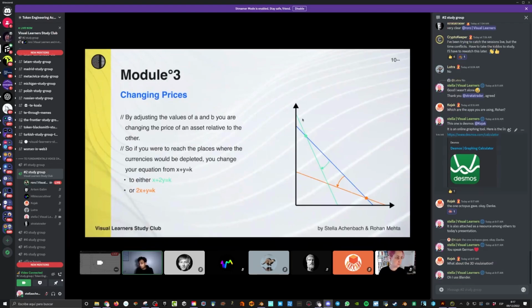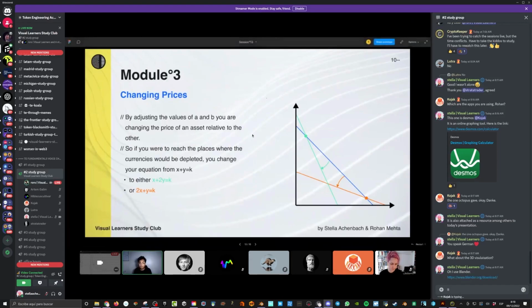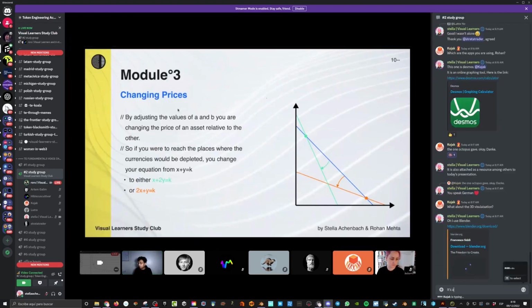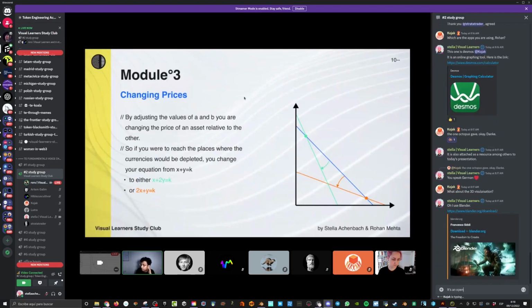If we have a constant sum market maker, you could decide a curve which has a higher slope or a lesser slope simply by changing the weights on x and y. And that just comes from y equals mx plus c, which is a straight line.